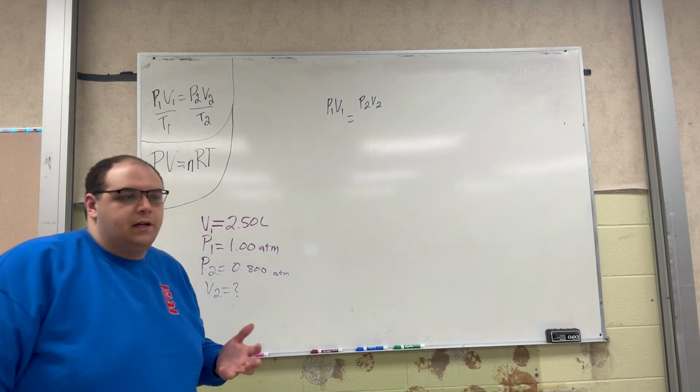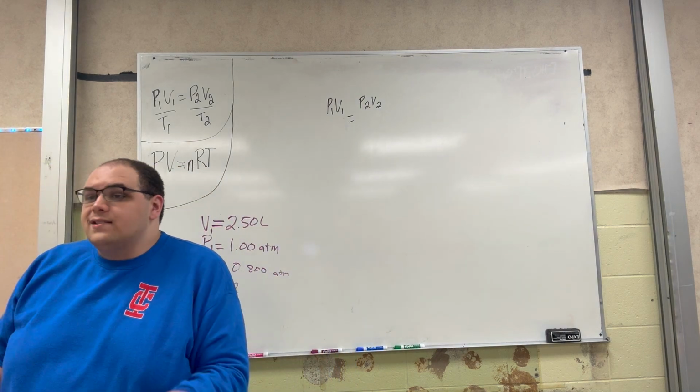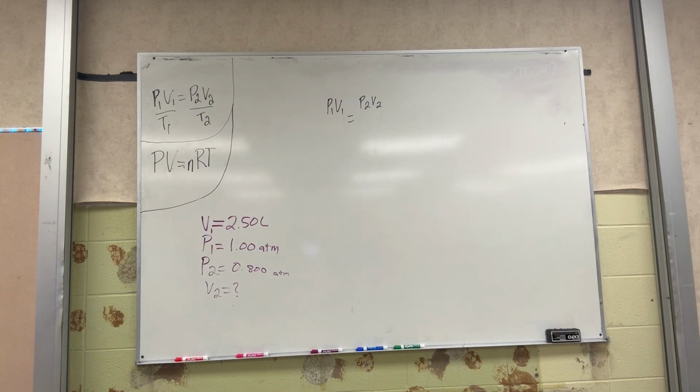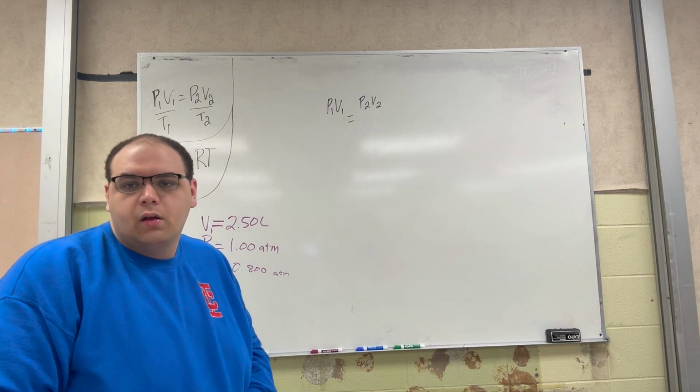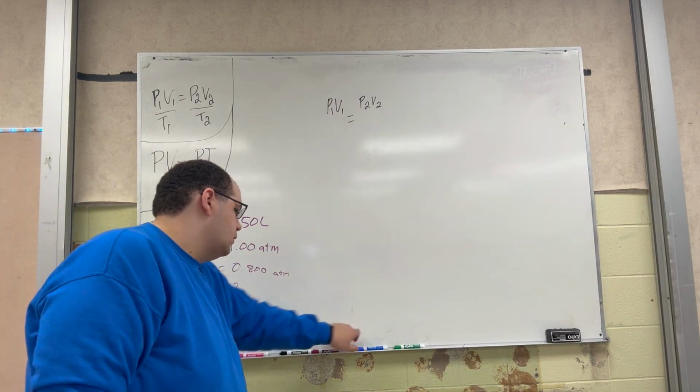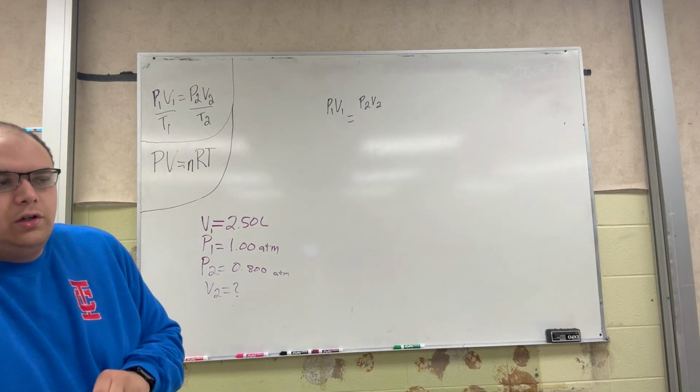And we become P1 V1 equals P2 V2. Isn't that one of the baby laws that go into this? That's Boyle's law. That's the magic of the combined gas law. And from there, it's a plug and chug.